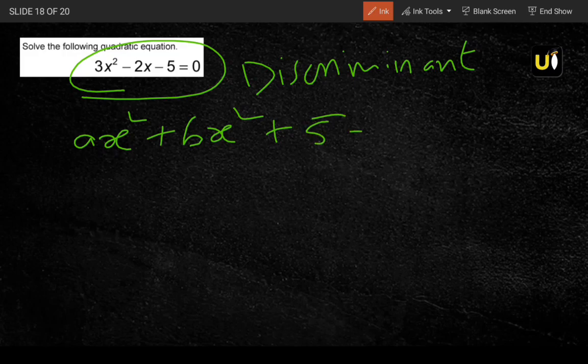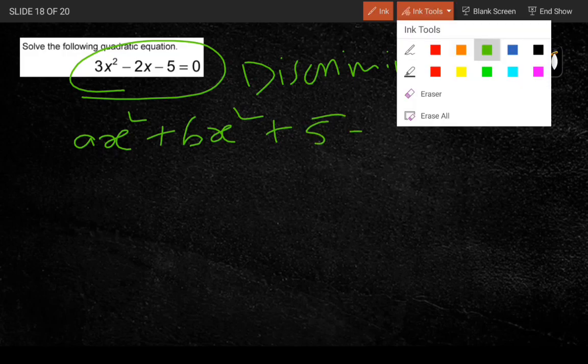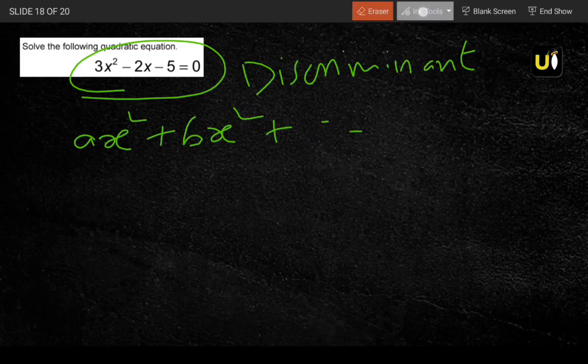Writing the general form will always give you a clear picture of what the coefficients are. So without any confusion we can just compare and write the coefficients. Sometimes we may make a mistake if we write directly, for example, we may skip the minus sign. If we start comparing, then it will be very easy and the chance of making a mistake will be less.